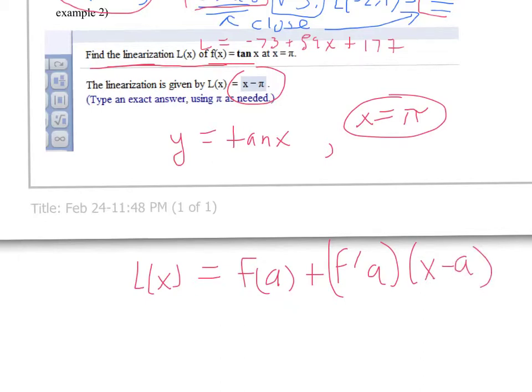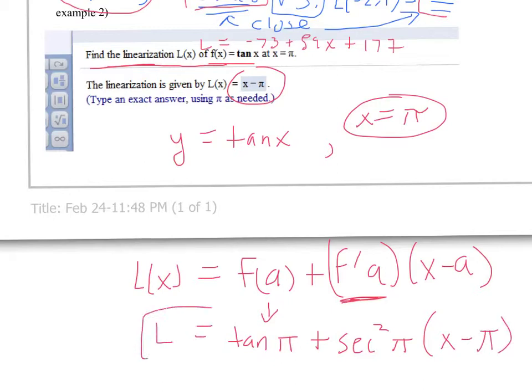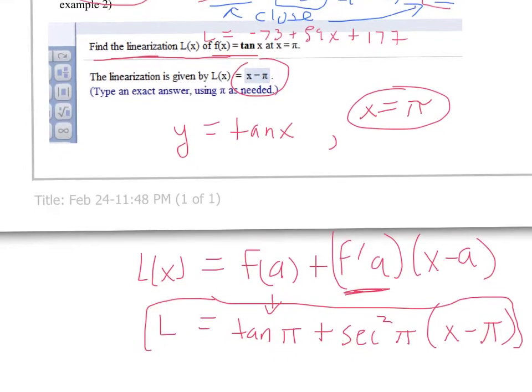So your function evaluated at pi, tan pi, plus your function's derivative evaluated at pi. The derivative of tan is secant squared, so secant squared evaluated at pi, times x minus pi. Now, if you arrive there on a test, I'm super happy. And it's right. You just got to keep cleaning it up.